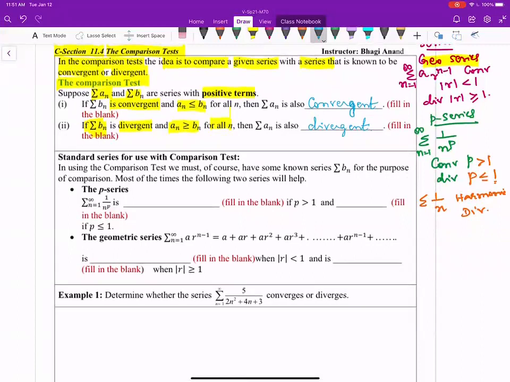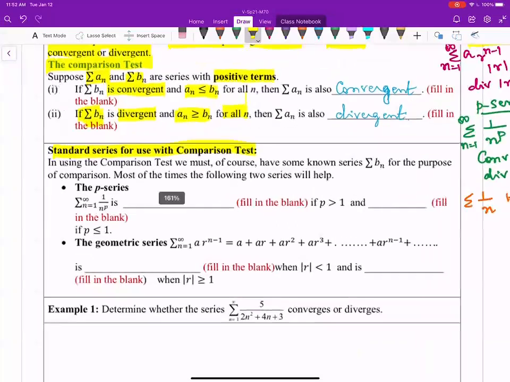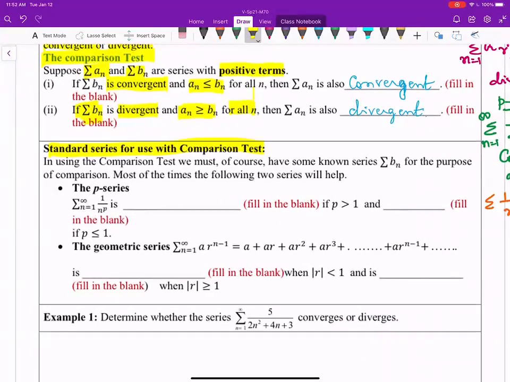Standard series for use with the comparison test, as we said, are the geometric series or the P series. In using the comparison test, we must, of course, have some known series sigma bn for the purpose of comparison. Most of the time, the following two series will help.